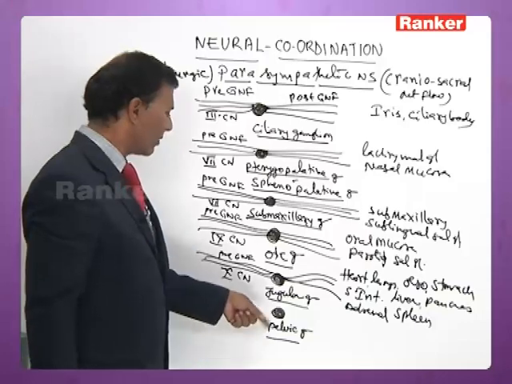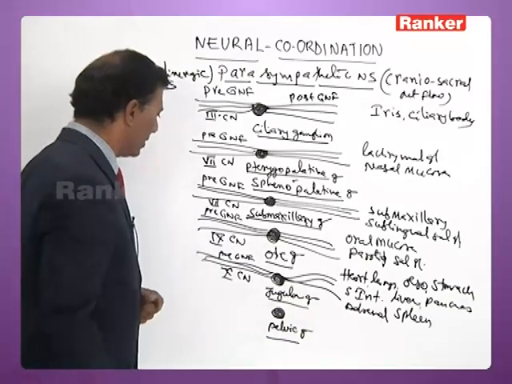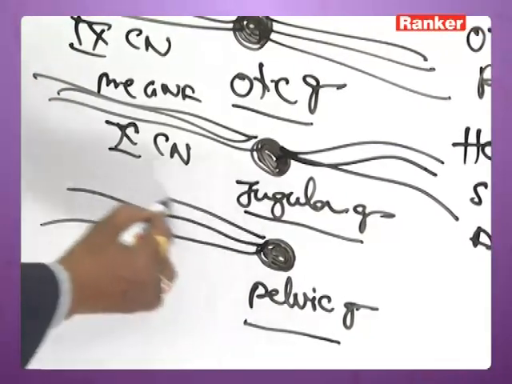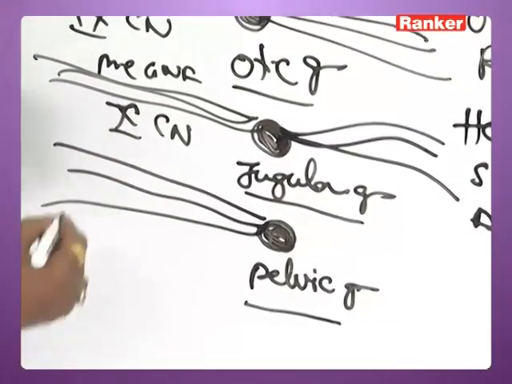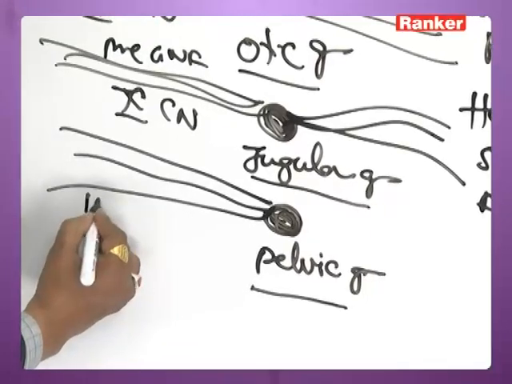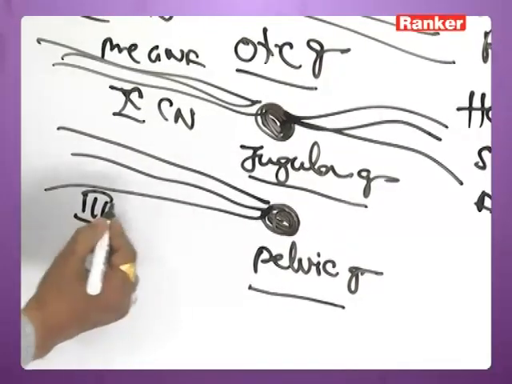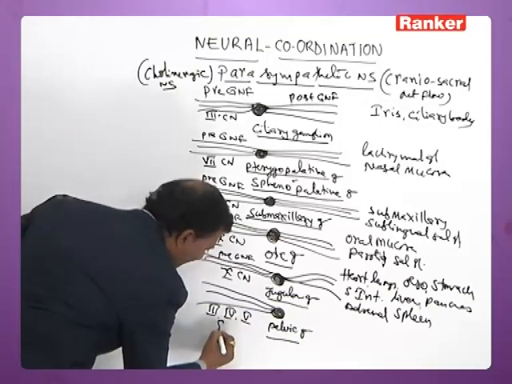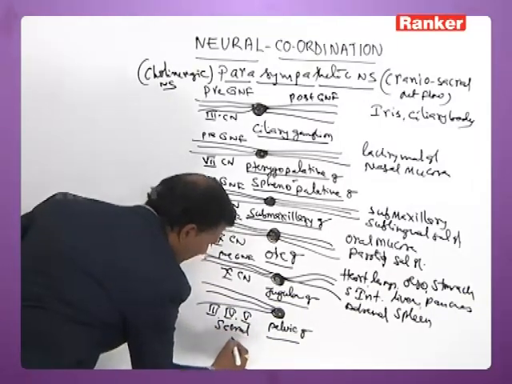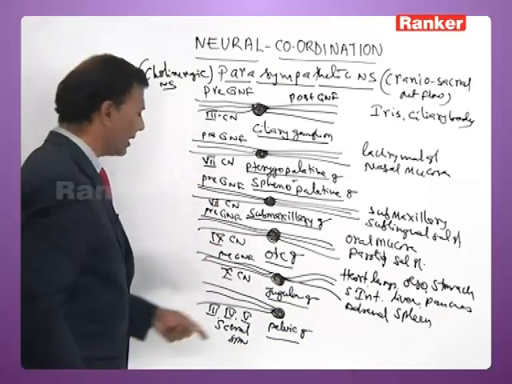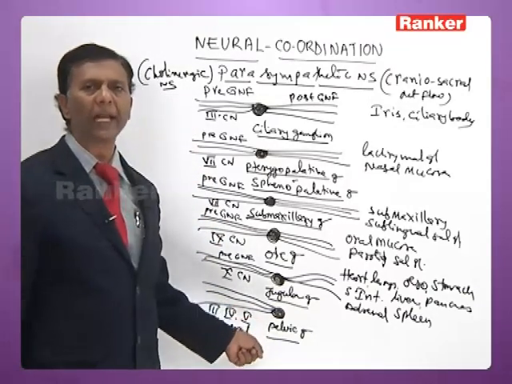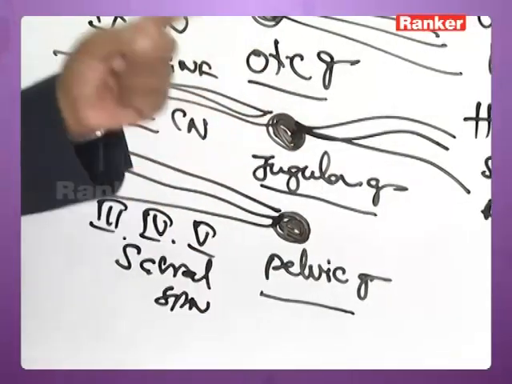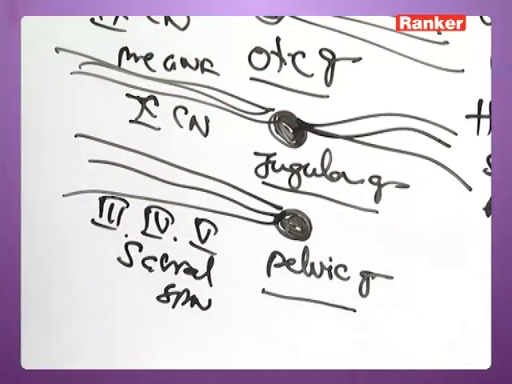Then the pelvic ganglion. The preganglionic nerve fibers of the pelvic ganglion are associated with the 2nd, 3rd, 4th sacral spinal nerves.